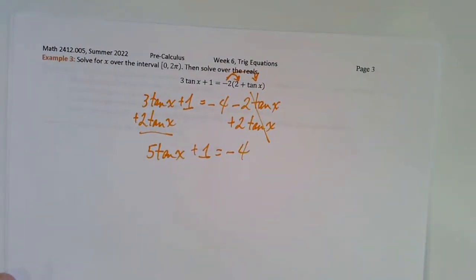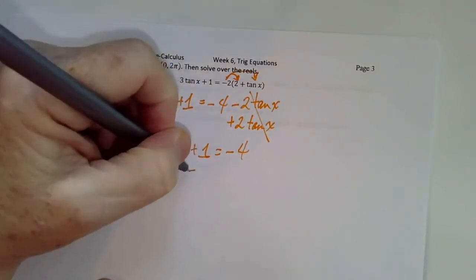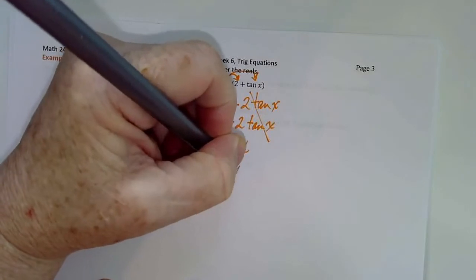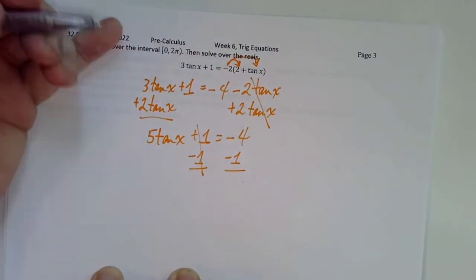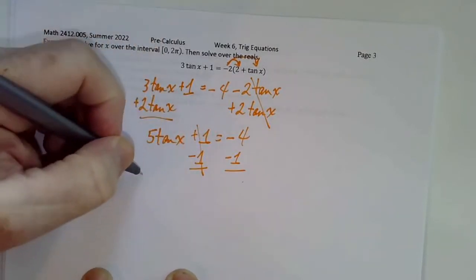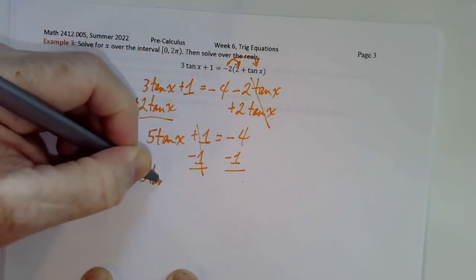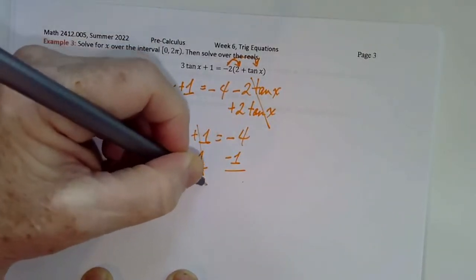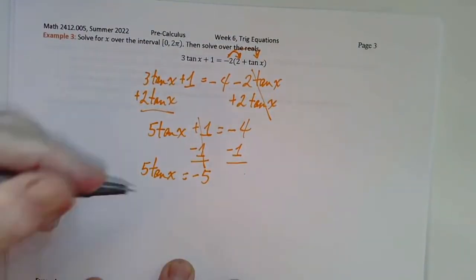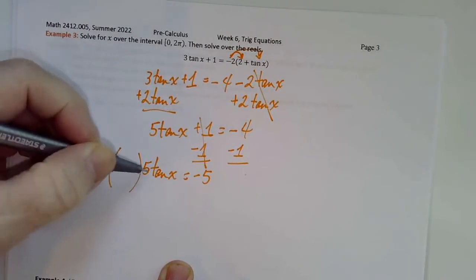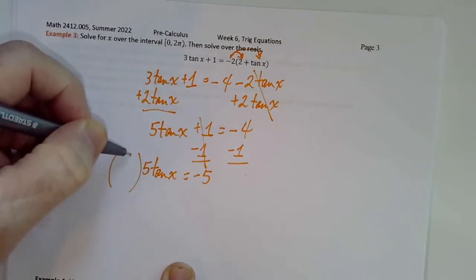Now I want to move all the constant terms to the opposite side of wherever I put the trig function. So that means I'm moving the constant terms to the right, and I have 5 tangent x equals negative 5. And I can simplify this by multiplying both sides by the reciprocal of 5.